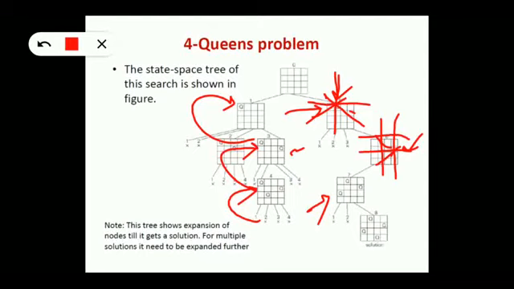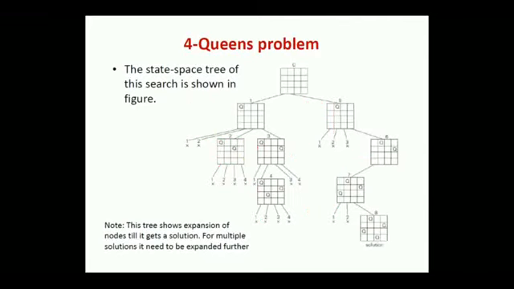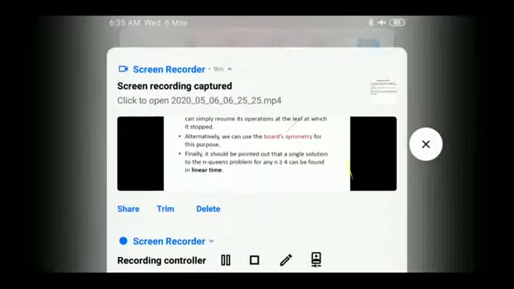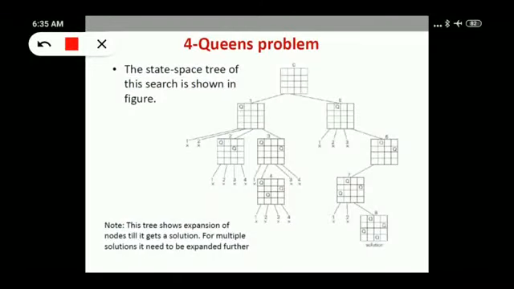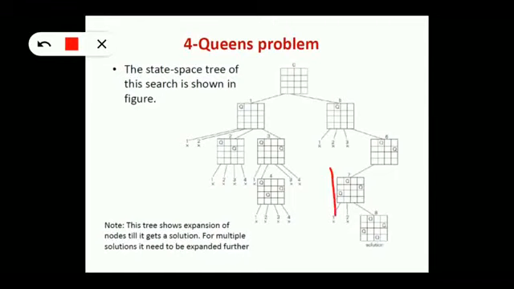So when I place queen 3 at the location 3, 1, we cannot place queen 4 on the first column, third row.